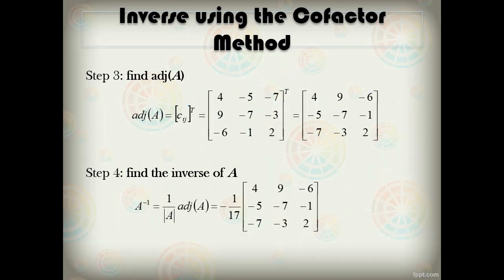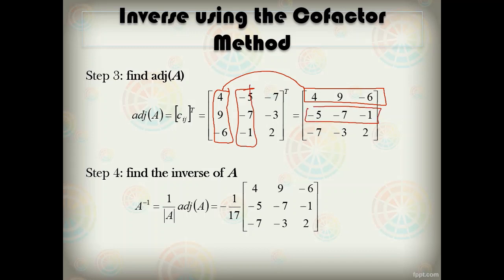And we have the transpose here. The adjoint is the transpose of the cofactor. So if you transpose, the column will become the row. This will become the second row. The third column will become the third row. So this is your adjoint.